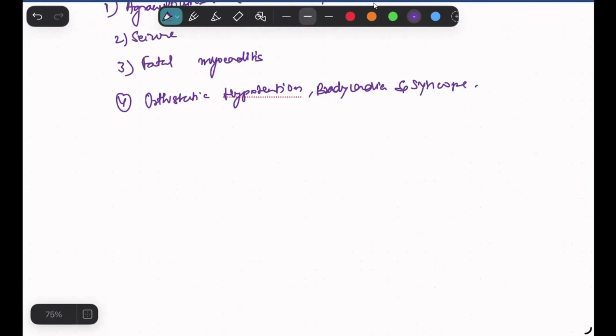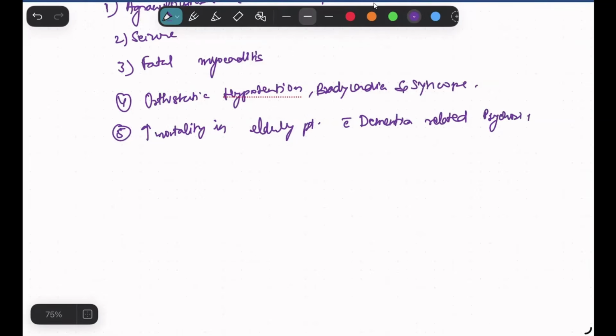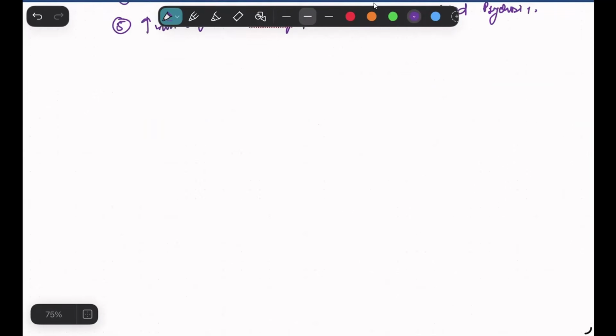And the fifth, which is common to all the antipsychotics, is increased mortality in elderly patients with dementia-related psychosis. Okay, this is clear.